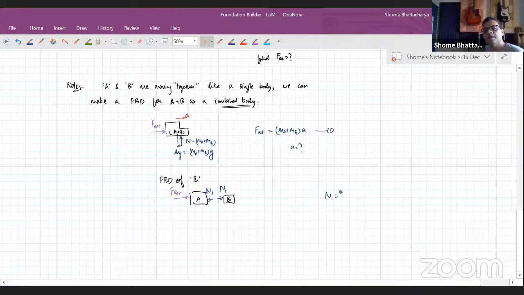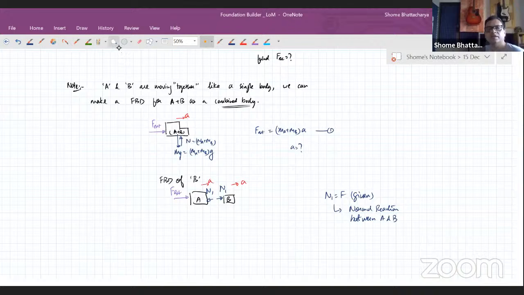This N1's magnitude is given to us as F, because this is the normal contact force, the normal reaction between A and B. So the magnitude of this force is given in the question as capital F. And this is creating the acceleration A.